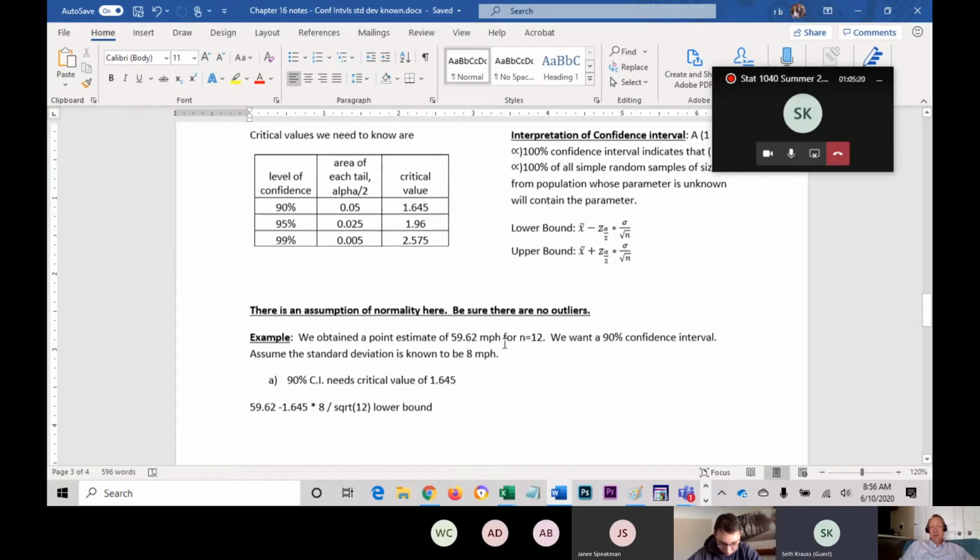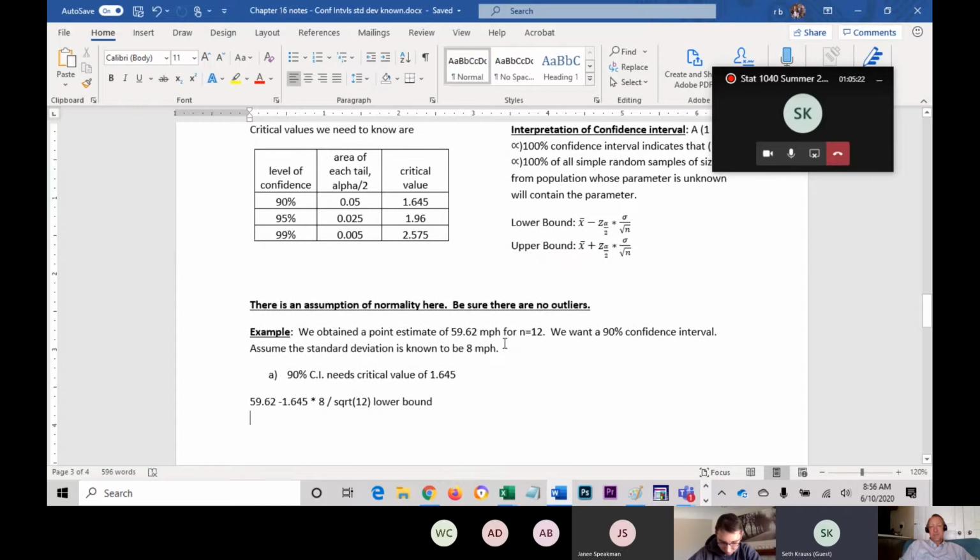Okay, so Allie, can you do it? So for the upper bound, that would be the 99%, right? No, we're still sticking with 90. Oh, so then you would just do the same formula, but adding it. So it'd be 59.62 plus 1.645 times the 8 divided by the square root of 12.